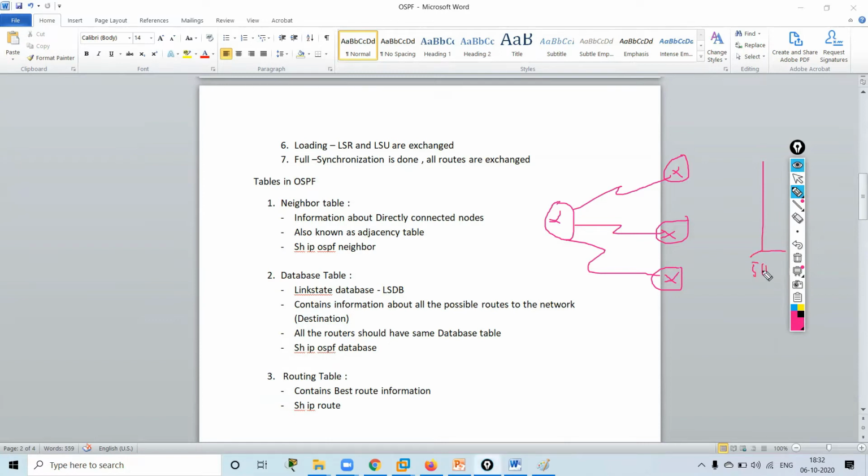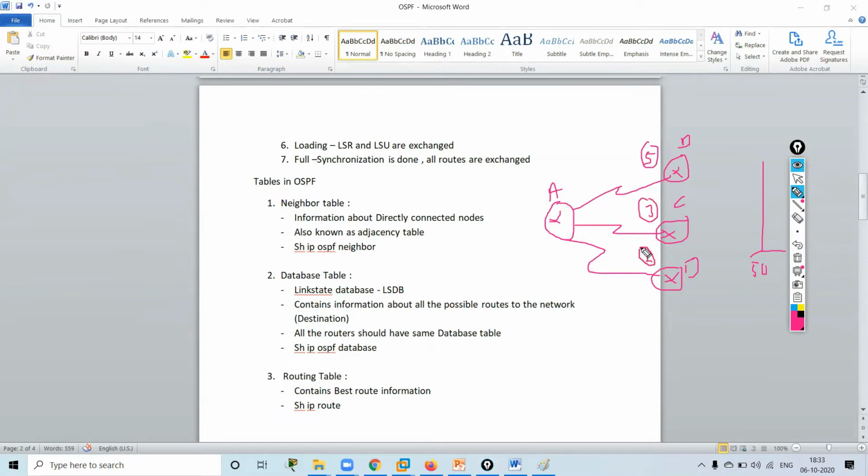This is my router A, this is router B, router C, router D. To reach the 50 dot network, I have three possible paths: via B, via C, or via D. B is giving me the information that there are 5 possible paths, this one is saying 3 possible paths, and this one is saying 2 possible paths.